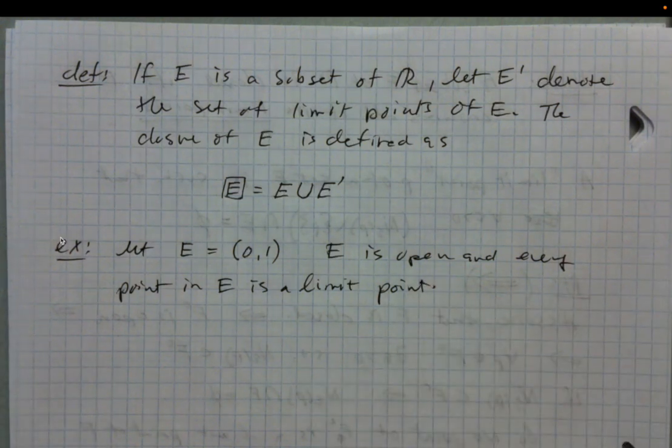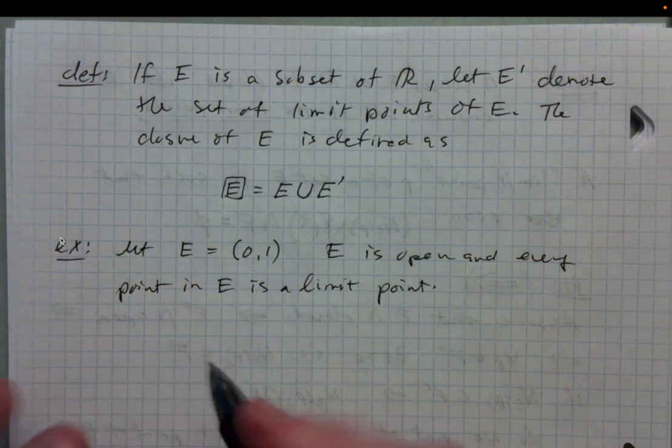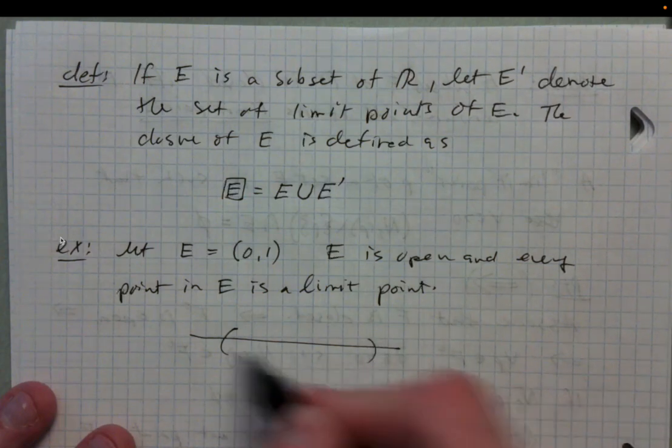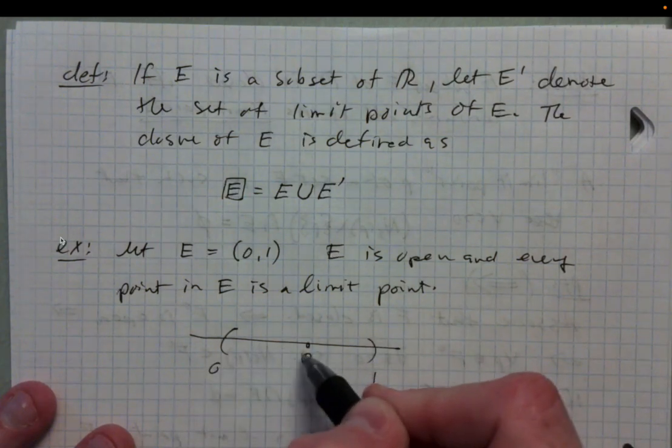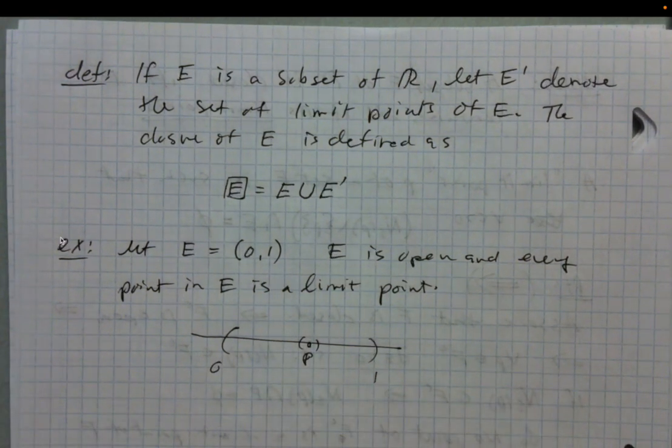Hopefully that's clear. Any point inside that open interval, I can draw an epsilon neighborhood around and still be inside of E. So every point in (0, 1) is a limit point.